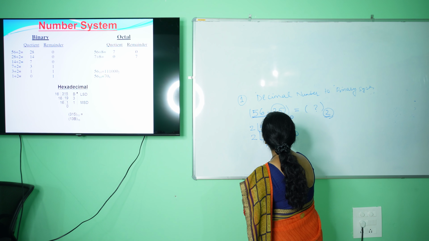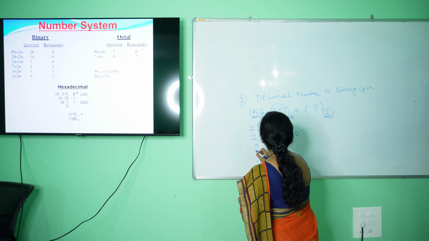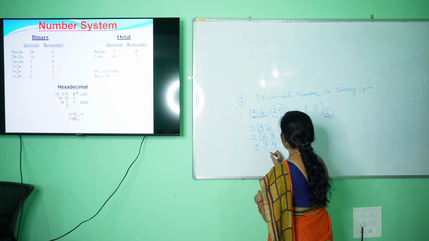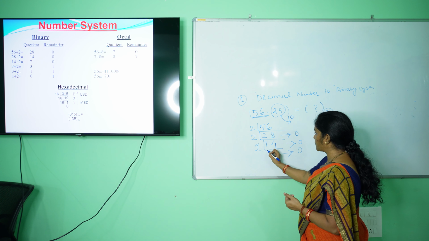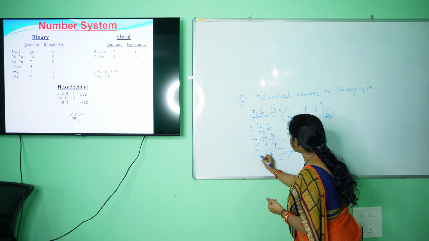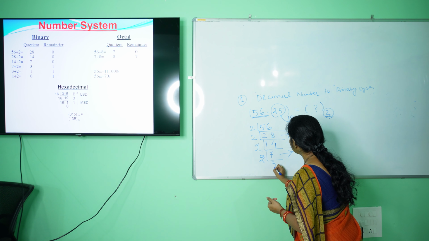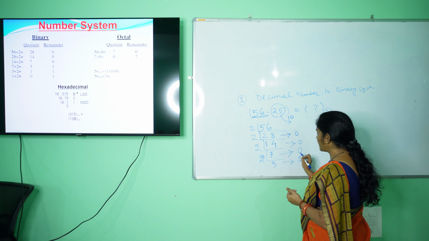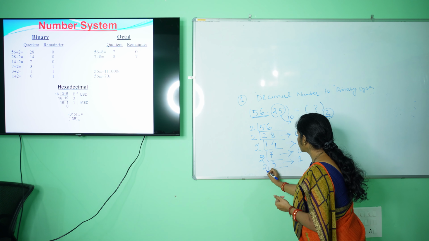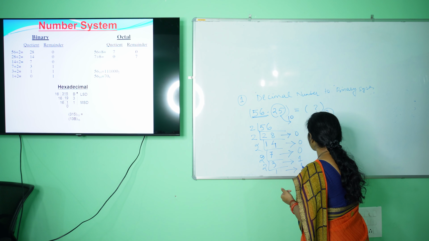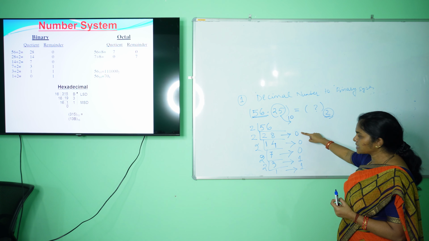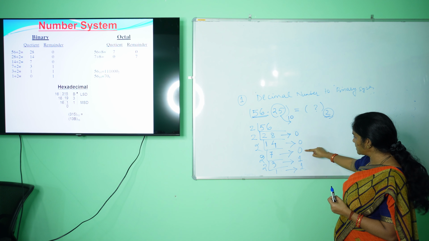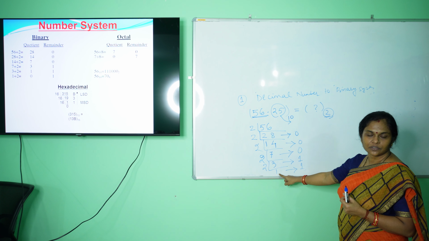Same here, 2 14s are 28, 14. Again the remainder is coming as 0. Then 2 7s are 14. Here again the remainder is coming as 0. Then 2, here it is coming as remainder 1. Then last, again the remainder is coming as 1. So our numbers are what? The remainders are 0, then 0, then 0, then 1, then 1, then last is 1.